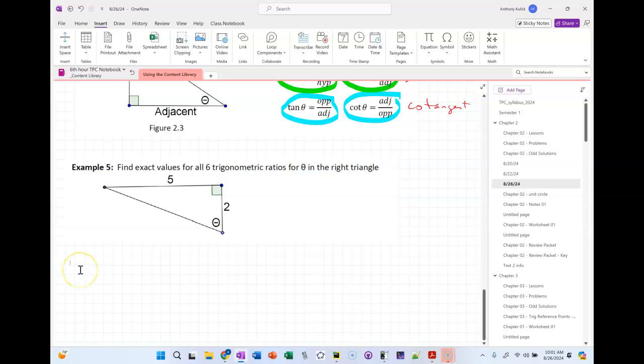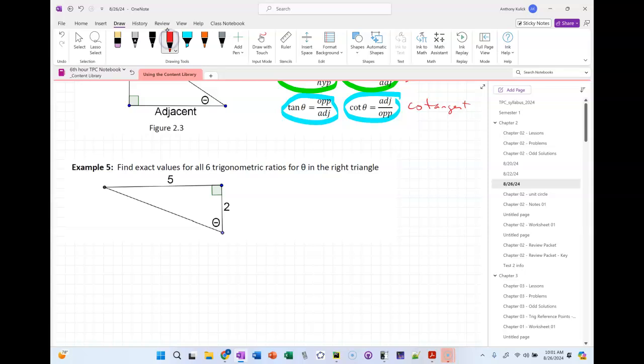So it says find the exact values for all 6 trig ratios for theta in the right triangle.